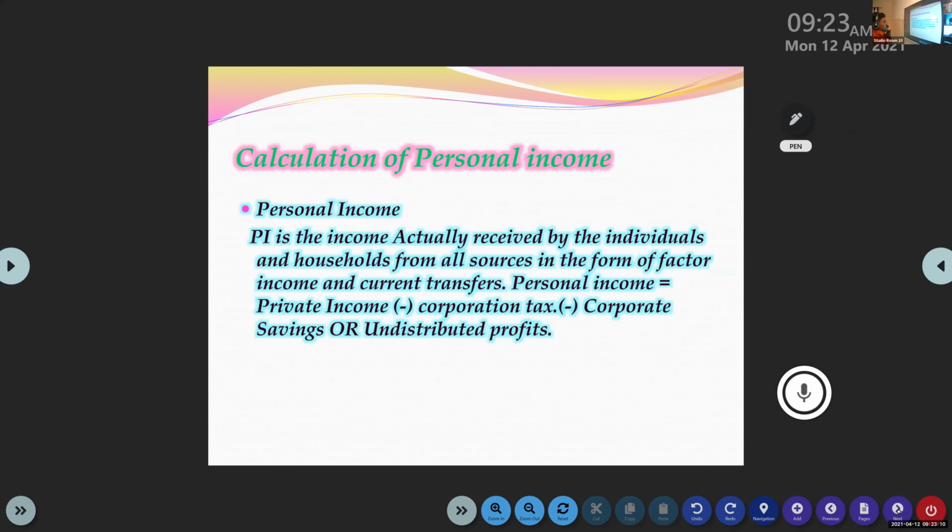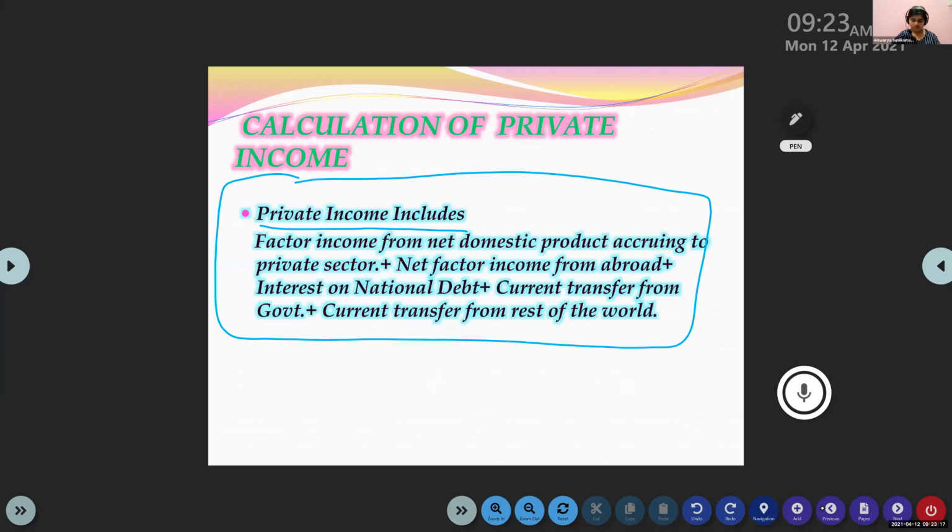Okay, next one, calculation of personal income. Can you show the previous slide once again? Sure, don't worry.